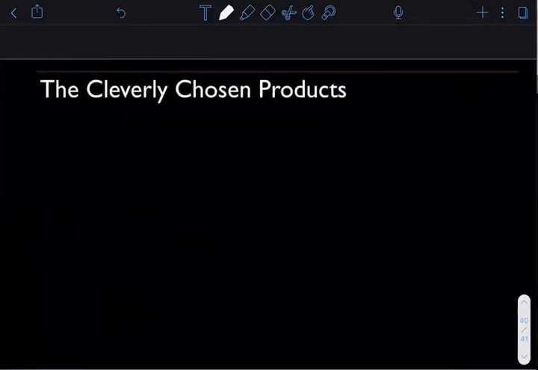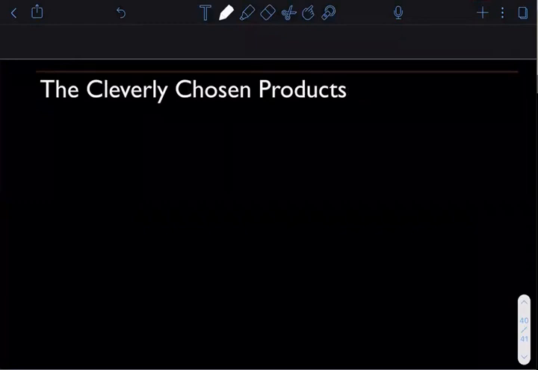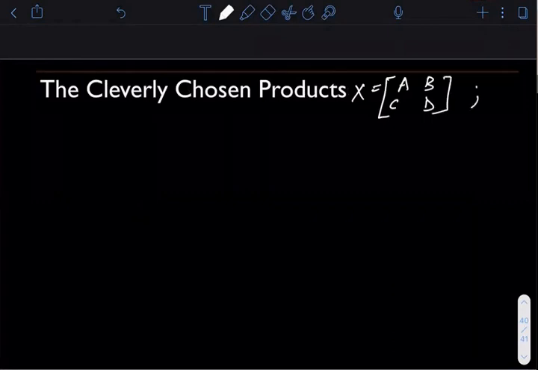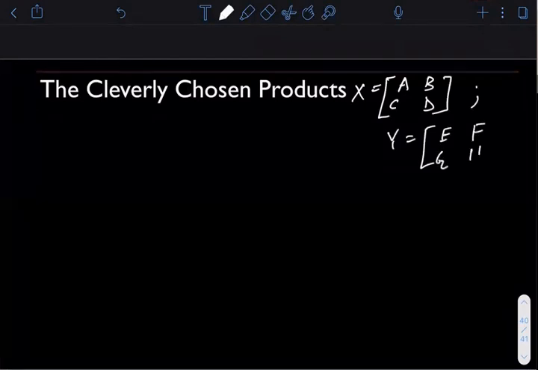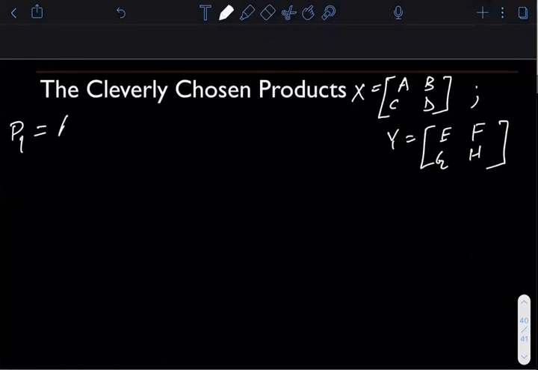Let me actually write the 7 products, and you have to bear with me a little bit. It will take some time to write. Again, remember what was X? X was A, B, C, D, and Y was E, F, G, H. So product 1 is going to be A times (F minus H).